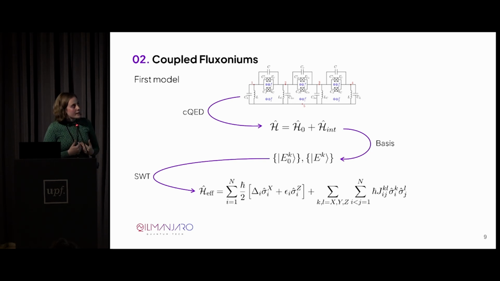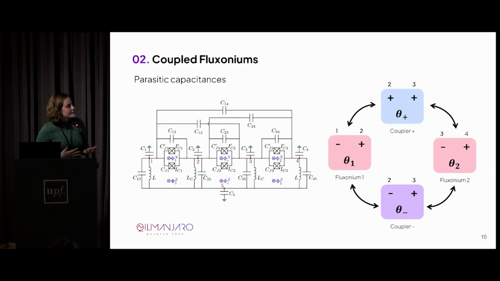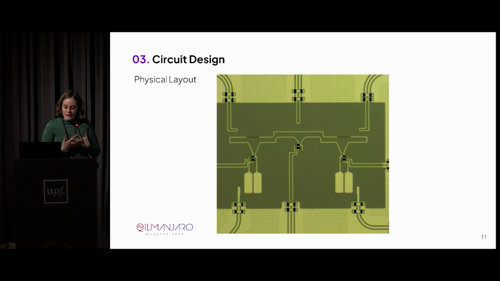So that's why we decided to include them before moving further on, and our circuit became something like this, which now is, of course, much more complex, but luckily can still be simulated using the same 4 nodes modes as before, and again, following the same pipeline, we were able to obtain an effective Hamiltonian that we could simulate. And this allowed us to obtain this set of parameters that we wanted, and we were finally able to actually build our own circuit.